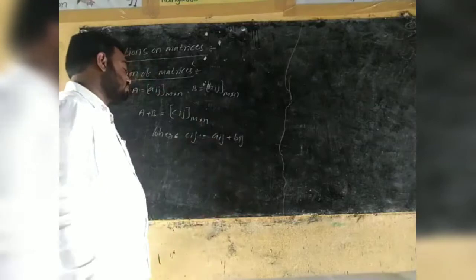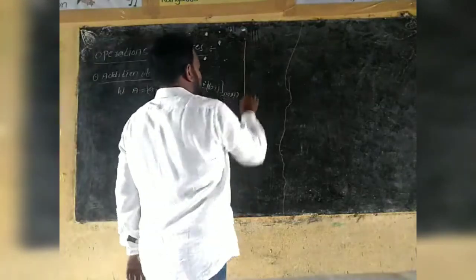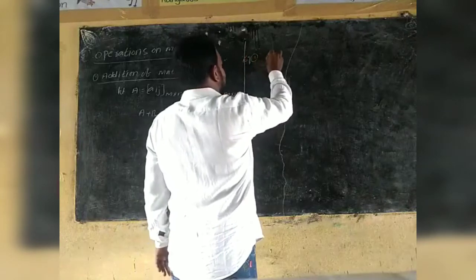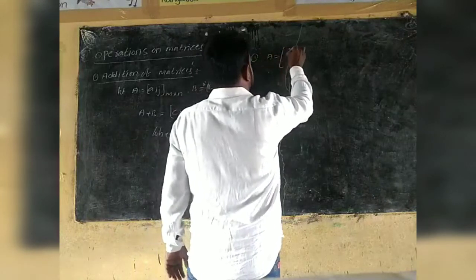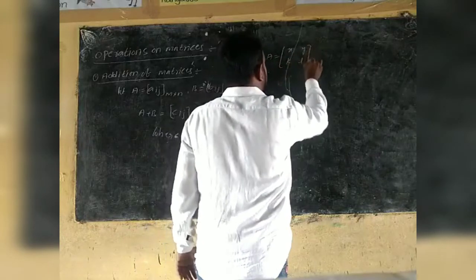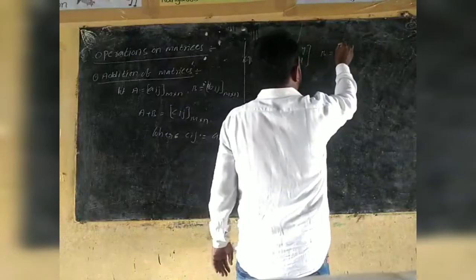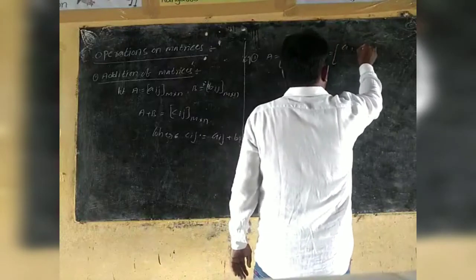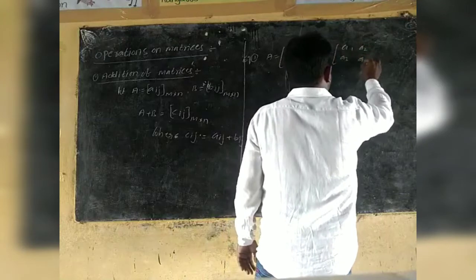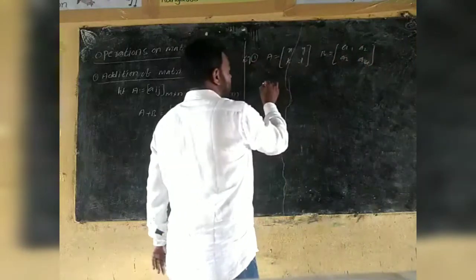You see one example, then you will get an idea. Example number 1. A equals x, y, k, l. Next, B equals A1, A2, A3, A4. The sum of the matrix, how are we writing?